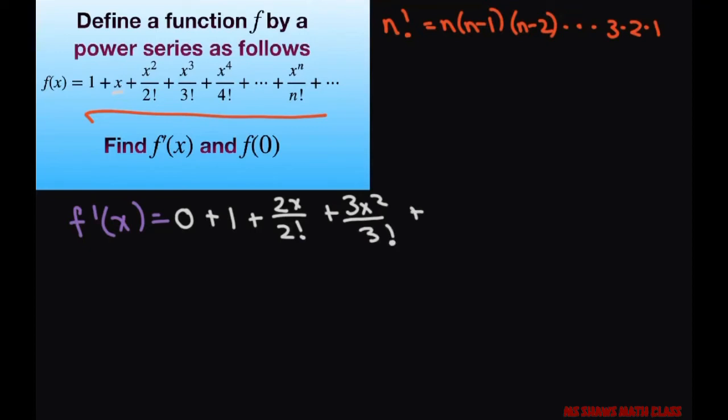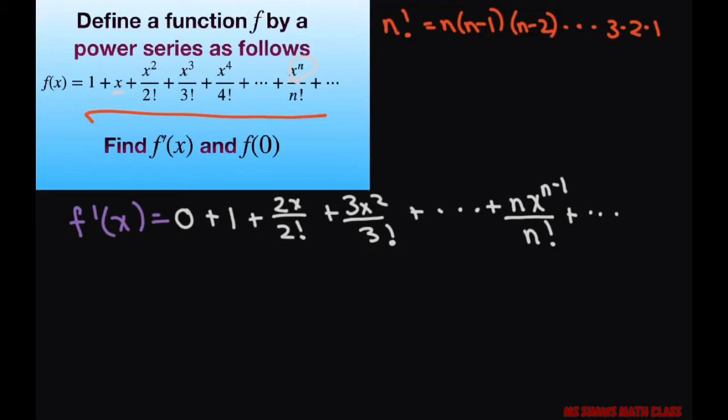So we'll just put plus dot dot dot plus, now for this one, we'll just bring the n in front, so x to the n minus 1 power divided by n factorial plus dot dot dot.